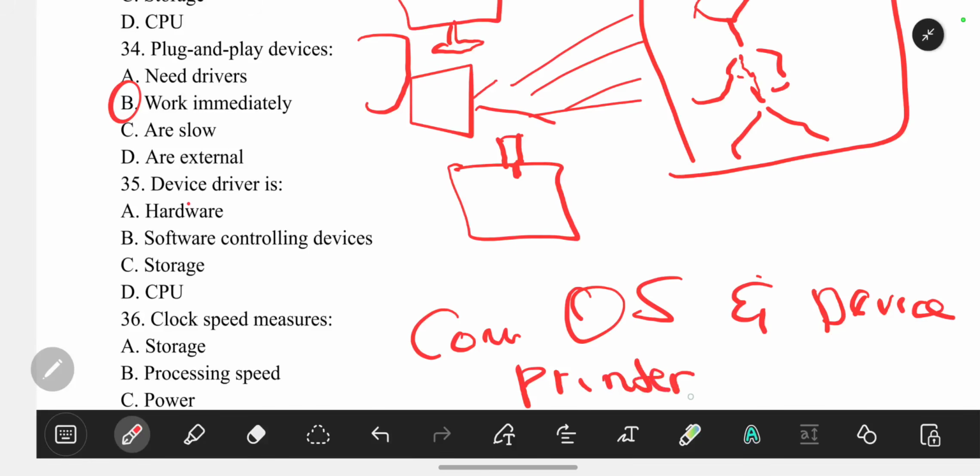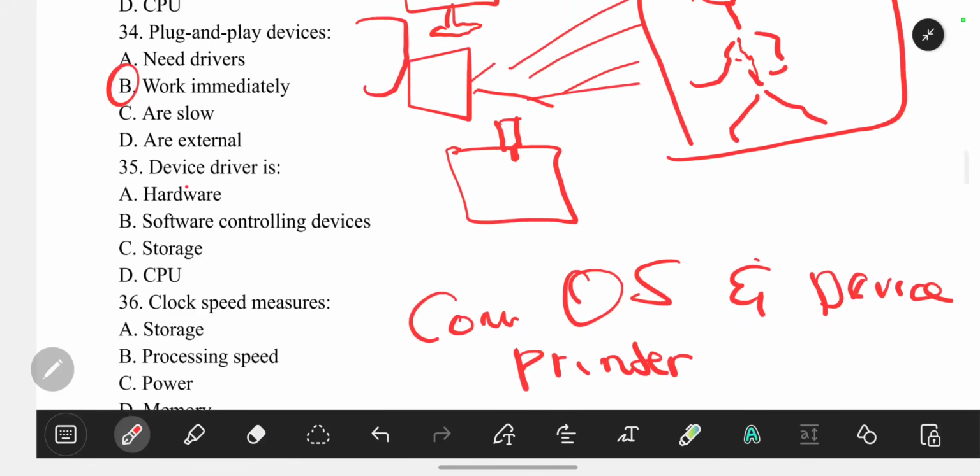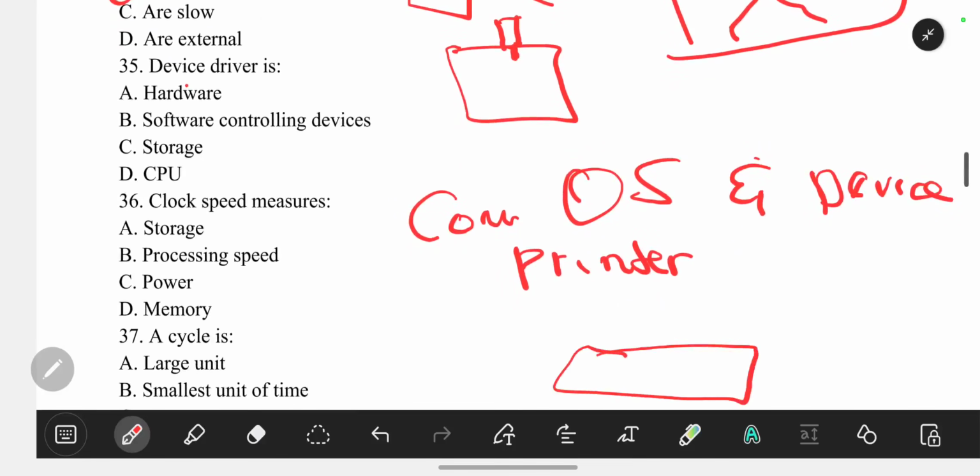A printer driver converts the document. Let's say you send a document to a printer, it converts the document into a format that the printer is able to understand. Without the printer driver, it cannot print.